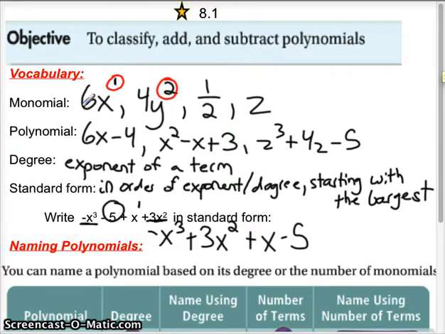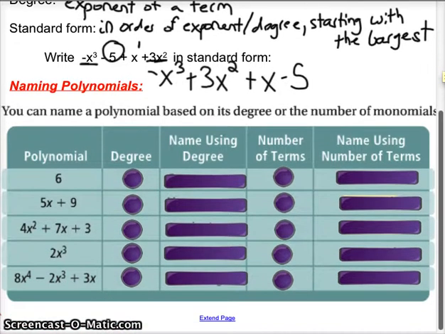All right, so let's continue on with some more vocabulary. So here's some more examples of polynomials. And we're going to talk about naming these polynomials, okay? So the first one is just the number 6. Now this vocabulary term is actually already one that we covered. Now I want to think about the degree.